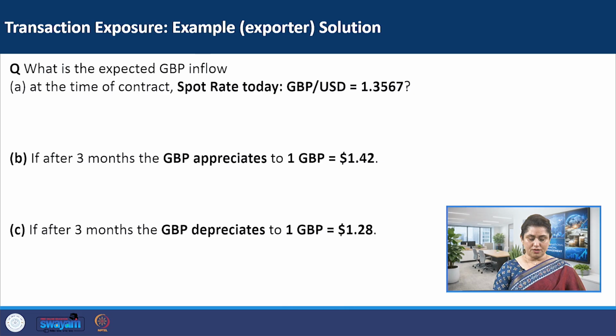Now the spot rate given to us is 1 British pound equals 1.3567 USD.